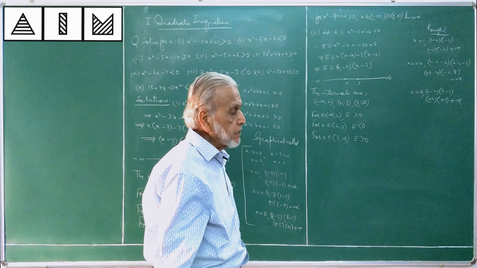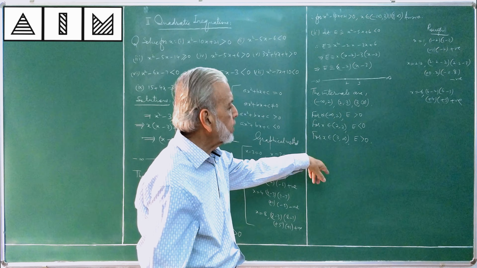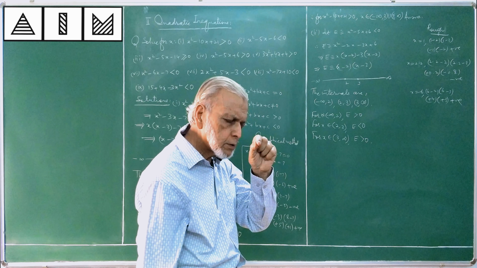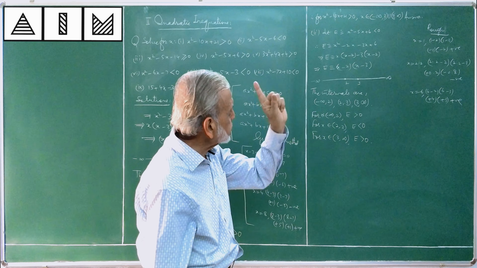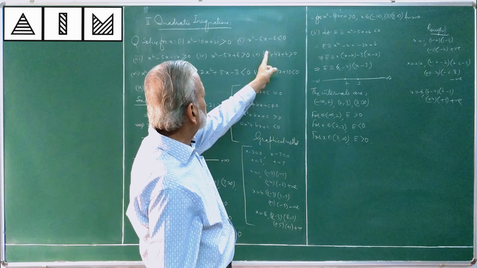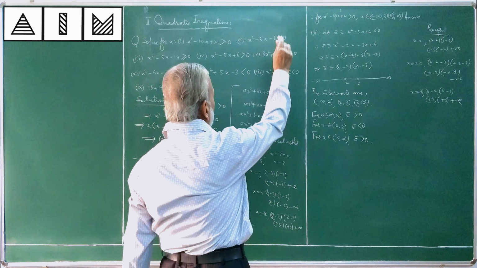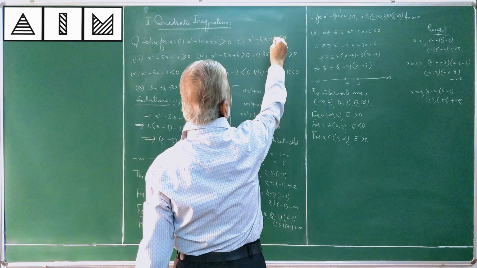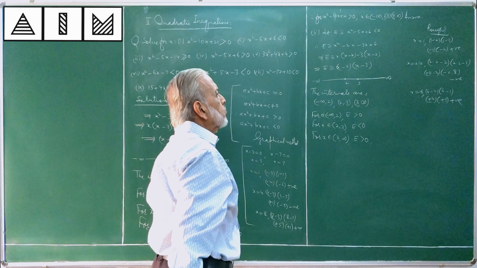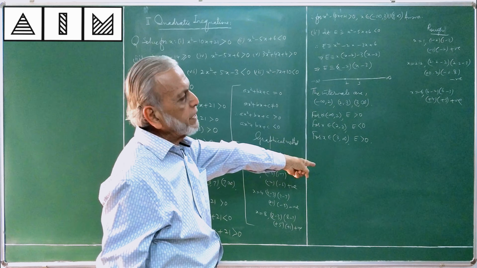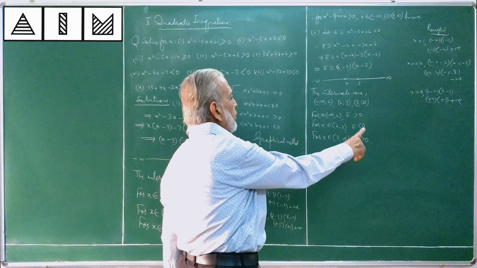Intervals have ended. My discussion and study in each interval is completed. Let me see what the question requires. Question requires x square minus 5x plus 6 to be negative. This is a plus 6, please correct it. X square minus 5x plus 6 negative. Complete work. Negative is only here.